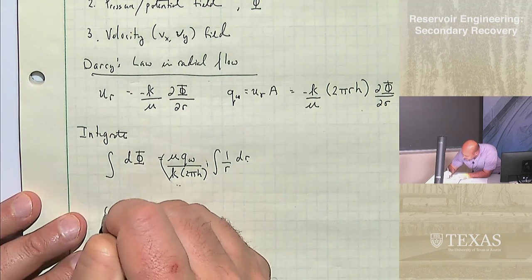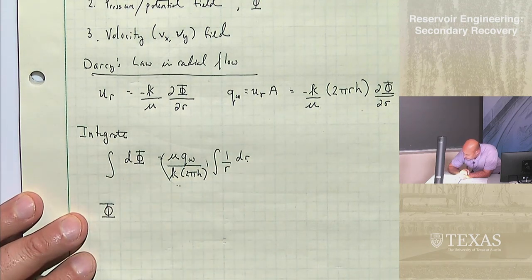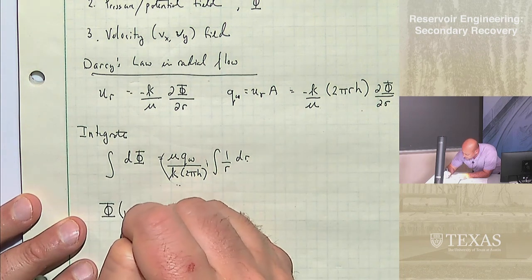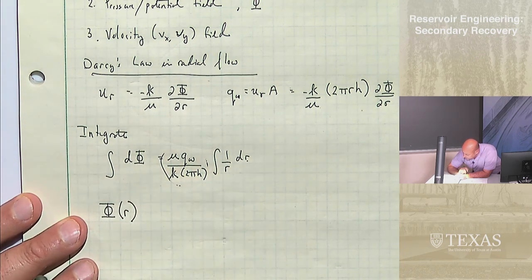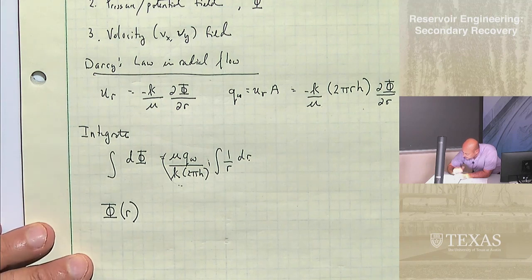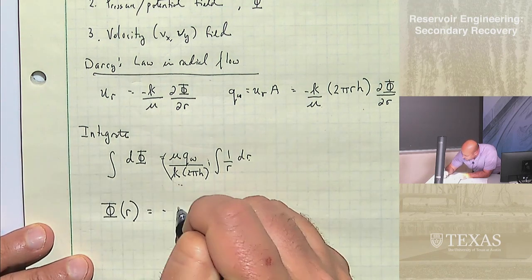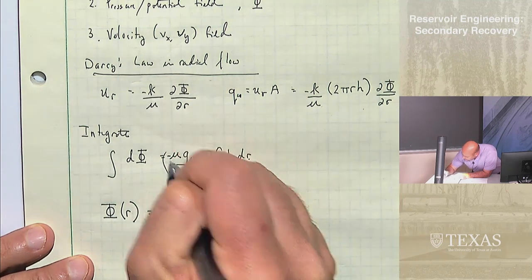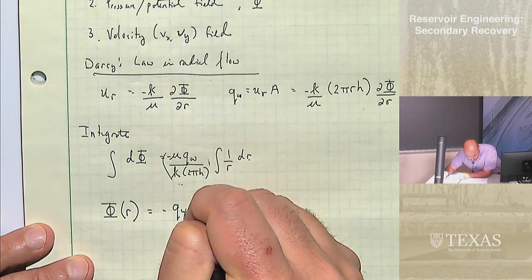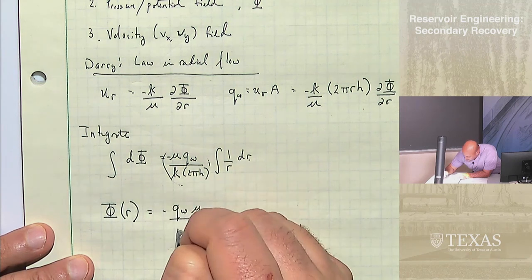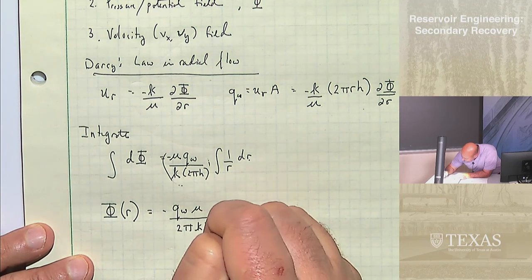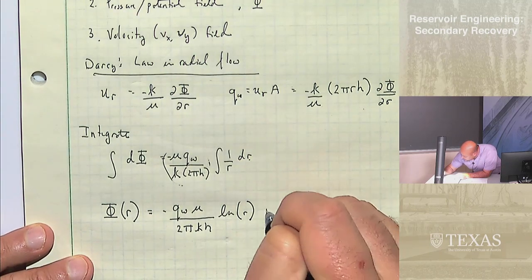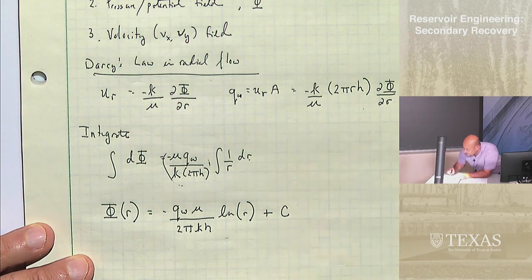So if I solve this, I get the potential, or again, pressure in the absence of gravity, is a function of radius, and it's going to be equal to minus Q_w, I think I dropped a negative sign somewhere in there, so it'll be a negative there, so minus Q_w viscosity over 2 pi kh times the ln of r plus, well, we need some constant of integration.